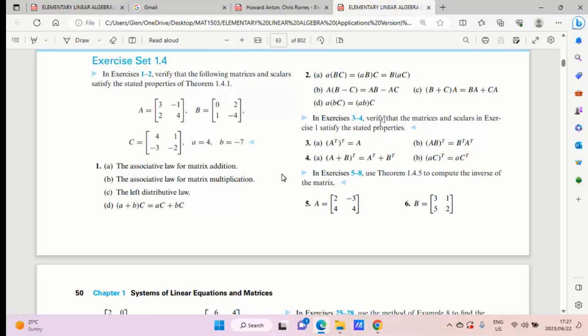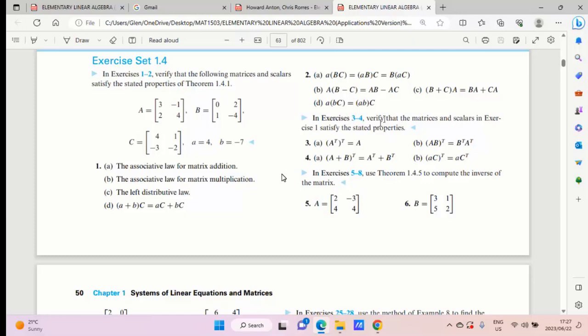Yes, minus 6. Now the second entry: 0 times 1 is 0, 2 times minus 2 is minus 4. Are you with me? Yes, I'm with you, sir. We are going to the second row. 1 times 4 is 4, minus 4 times minus 3 is plus 12.